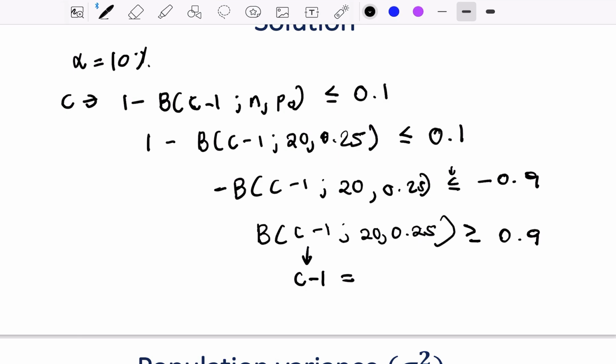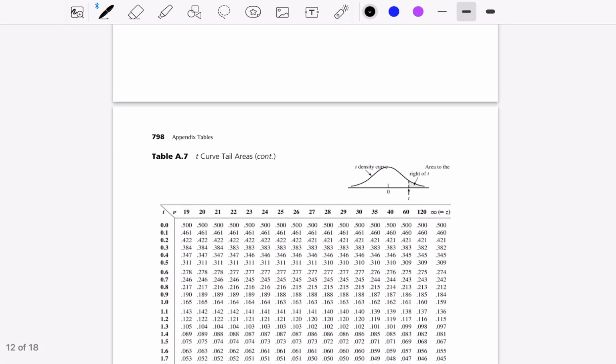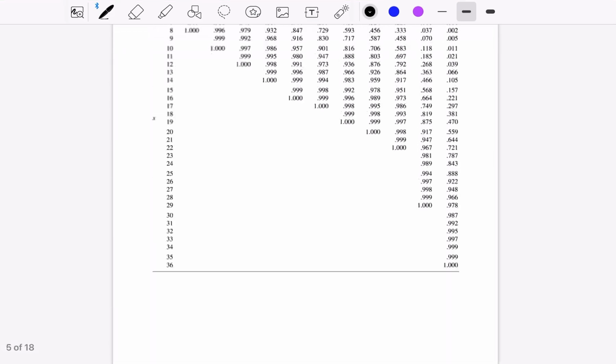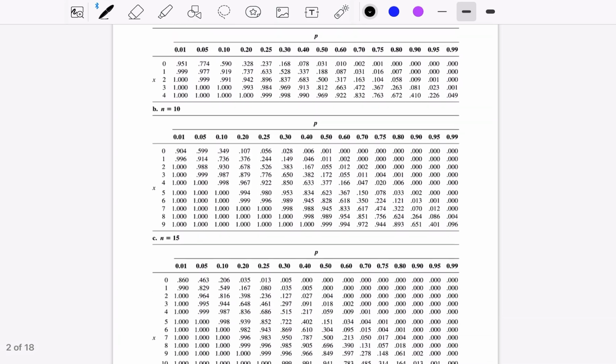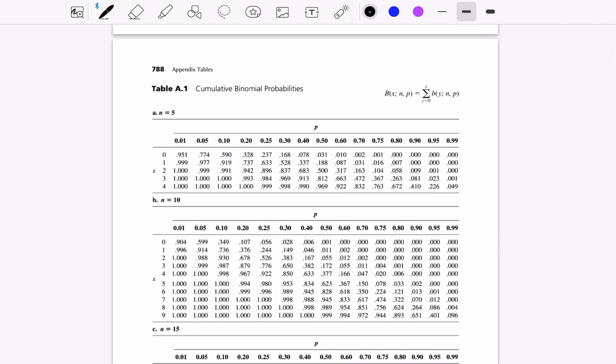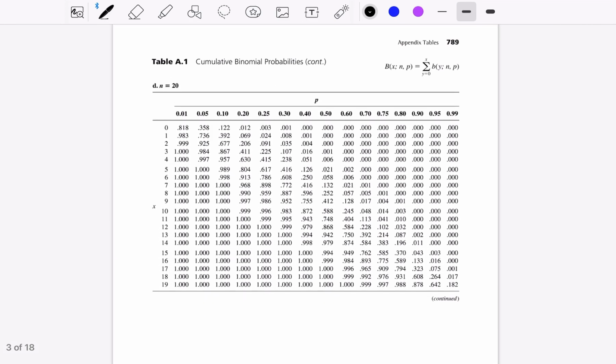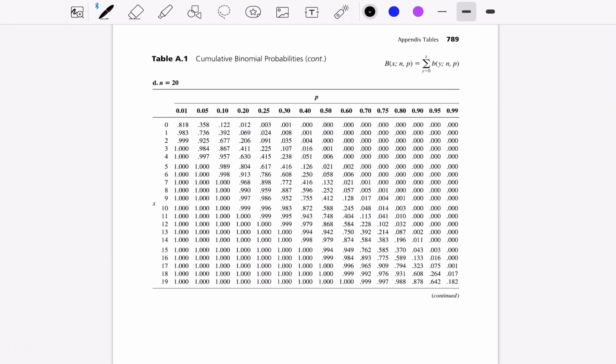So let's go there. Remember, we have n 20 and p naught is equal to 0.25. These are your binomial tables, and we're looking at n is equal to 20. We're looking at 10%, which means alpha is in this case there, and we are looking for the critical value.